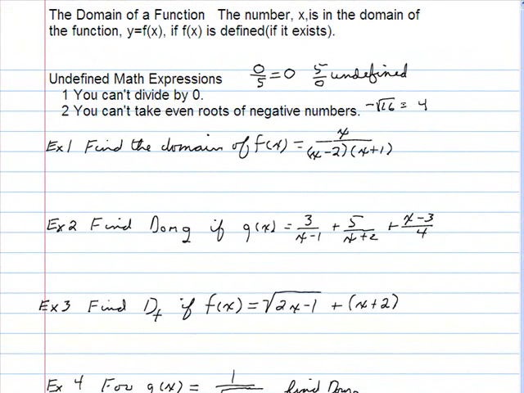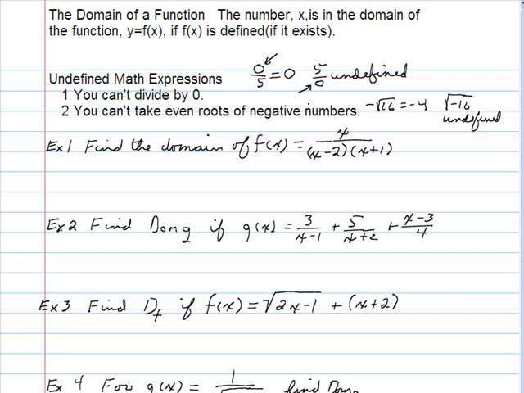It just so happens that there's a negative in front, so the final simplification of this would be negative 4. However, if I try to take the square root of negative 16, that is undefined. It's okay to have a negative outside the square root, but you cannot have a negative inside the square root. It's okay to have a 0 on the top, but you cannot have a 0 on the bottom.